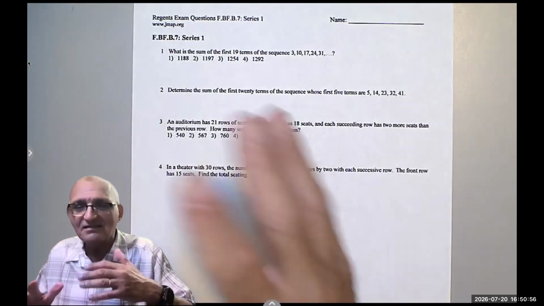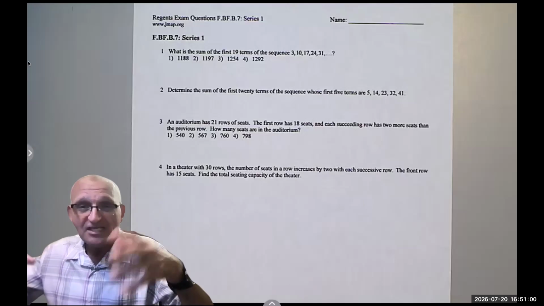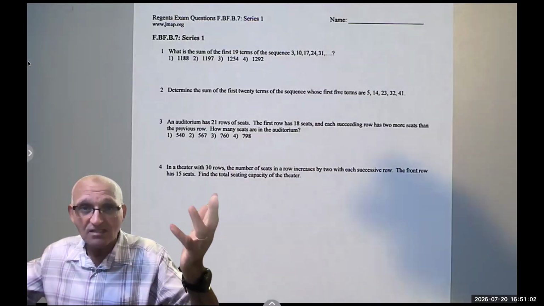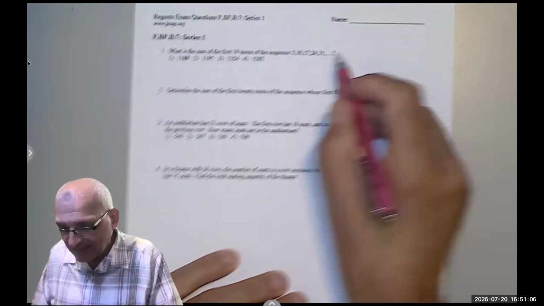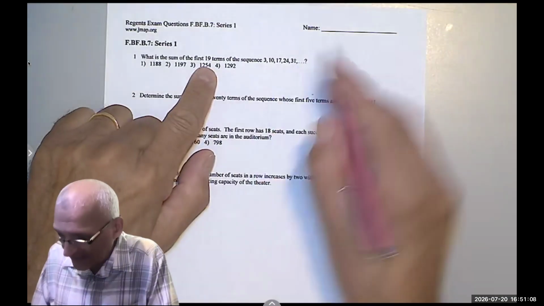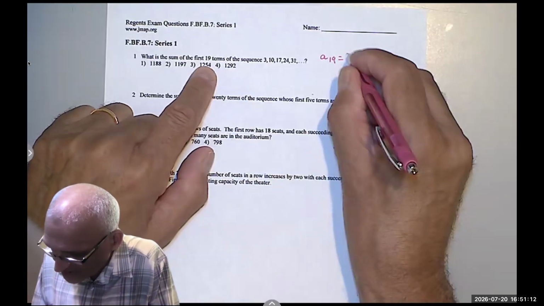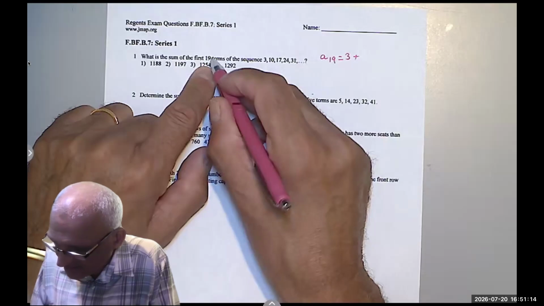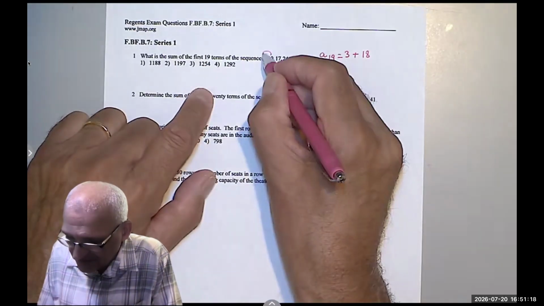As I said, to reduce the number of equations and rules and laws that you need to memorize, it's easier just to find the 19th term from here and say A sub 19 equals A sub 1, which is 3, plus 19 minus 1 times D. But what is D? 10 minus 3 is 7.